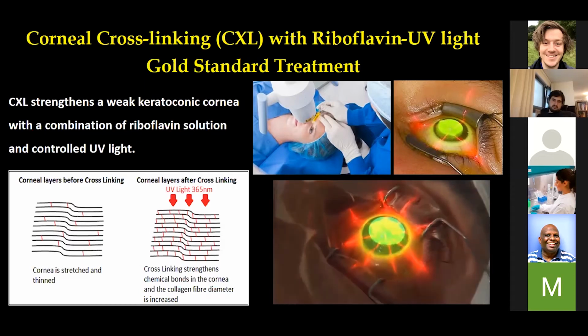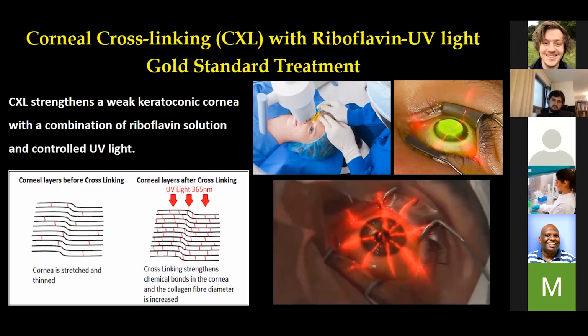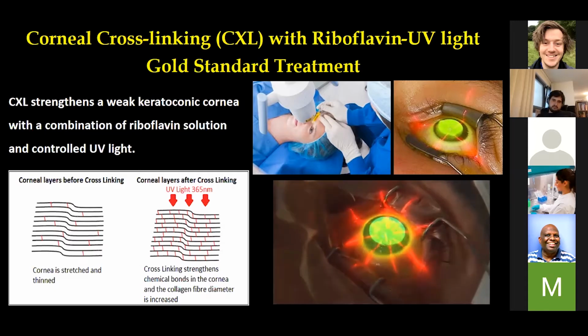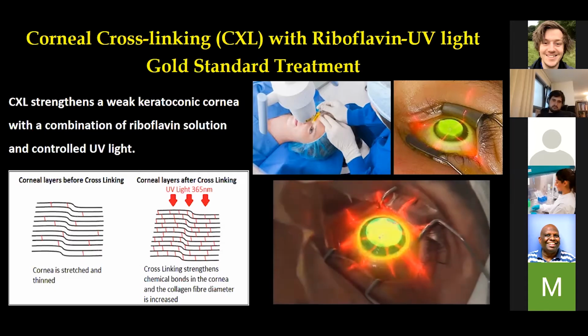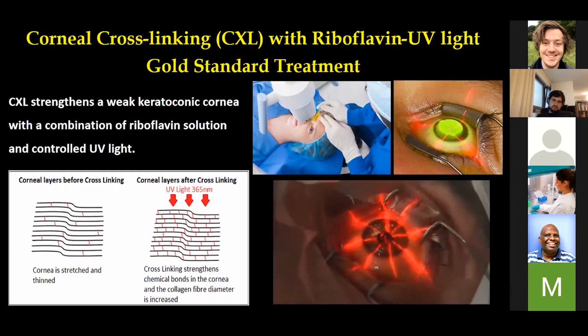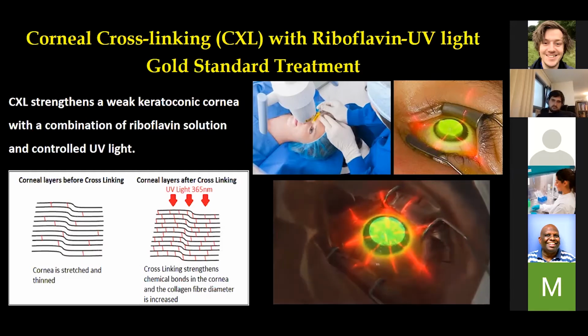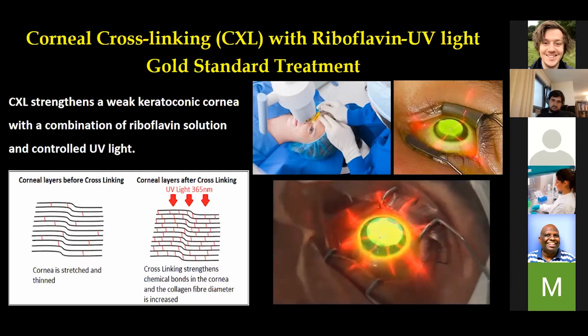Although this is the gold standard treatment, this procedure is not recommended for advanced cases and specifically for cases with a very thin cornea. This is because of the associated risks with the use of UV light.